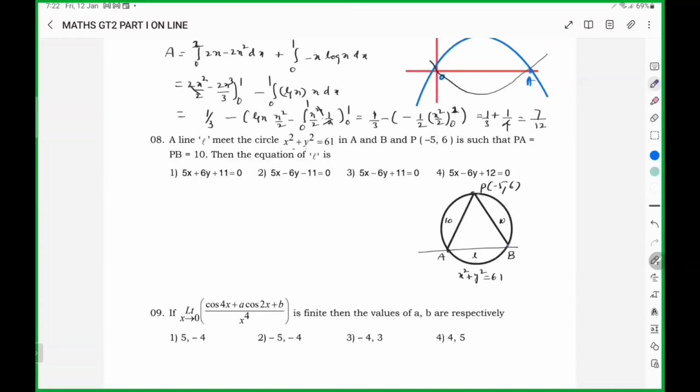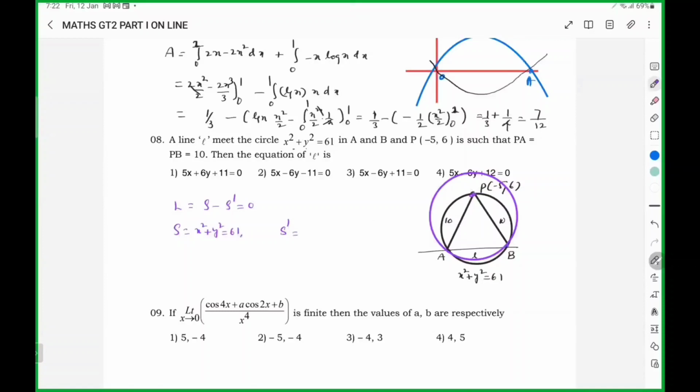So what I am doing, P as a center, take 10 as a radius. If I draw a circle, then this becomes a radical axis for both of them. That radical axis, your S is x square plus y square is 61.